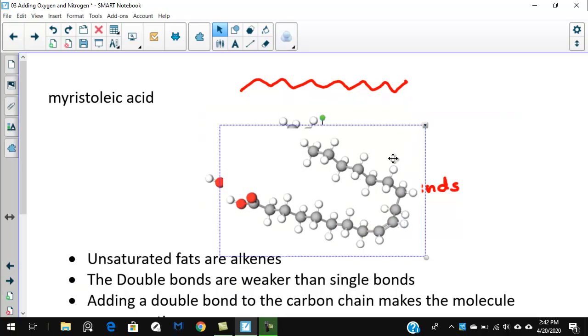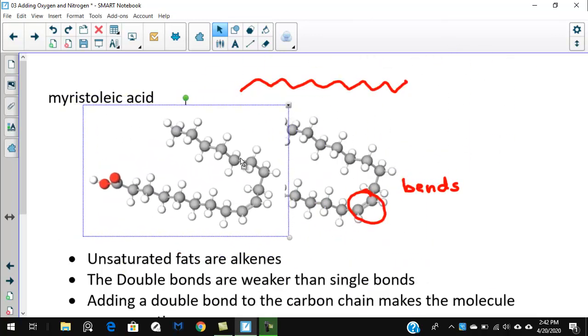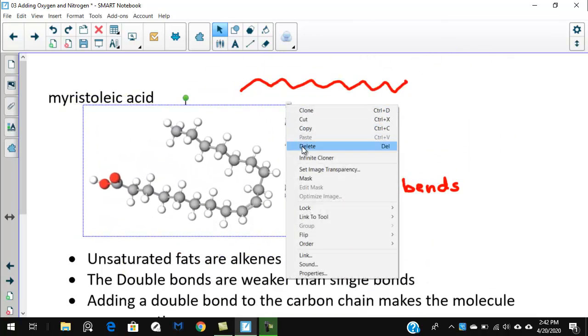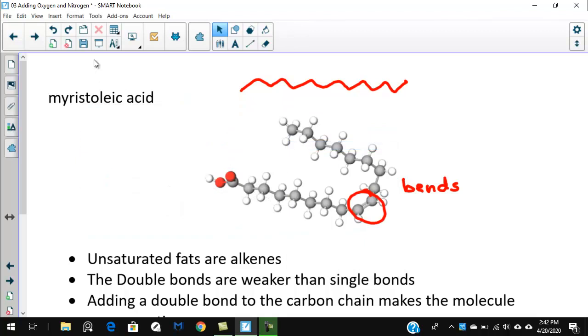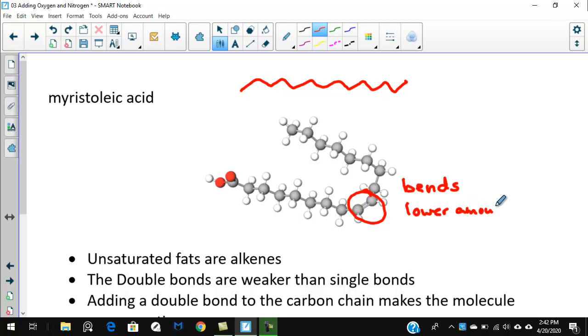Because that bend prevents me from lining up all of the carbons in a very good way, there are fewer chances for LDF. So these bends lower the amount of London dispersion forces, and if you lower the London dispersion forces, you lower the melting point and the boiling point.